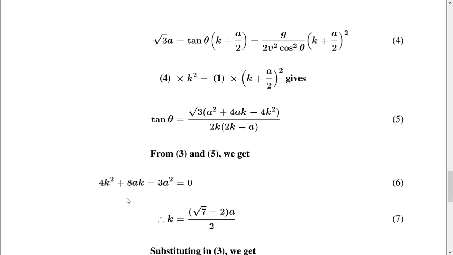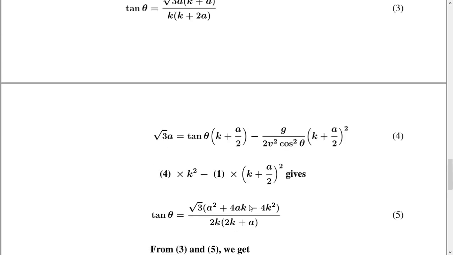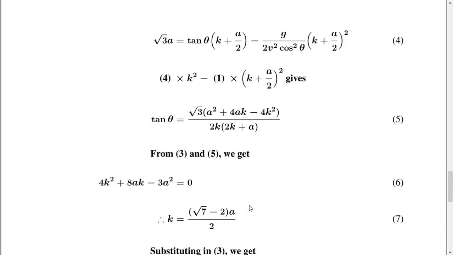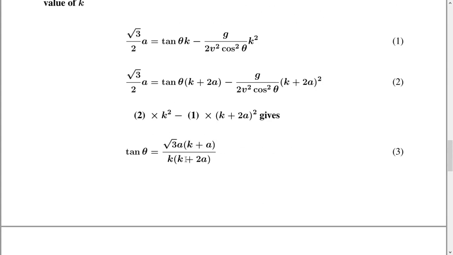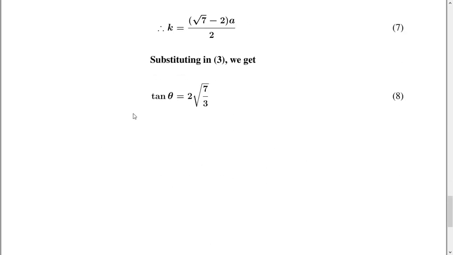You get a quadratic equation in k, and therefore you find k equals root 7 minus 2 times a by 2. The other value would be negative, and we know here k is not negative. So this is the value of k. Substituting this value of k either in this equation or in this equation, let's put it here, this is smaller. When you substitute the value of k here, you will find tan theta equals 2 times root 7 by 3.